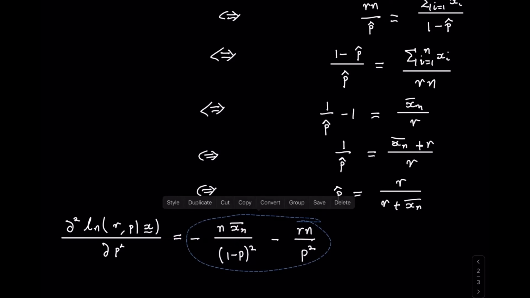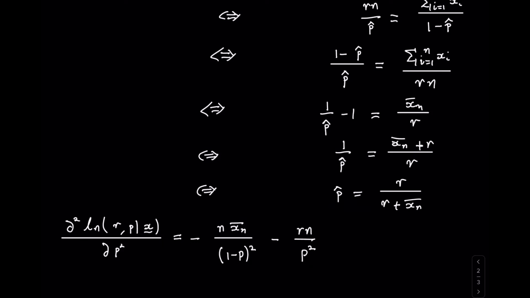I'm actually going to take the negative out as the common factor, and you'll notice that if we do take that negative out, this term is always going to be greater than 0. This term is always going to be greater than 0. So together they're always going to be greater than 0, which means the negative of something greater than 0 is always going to be less than 0 for all values of p in 0 to 1, our possible range of p values.